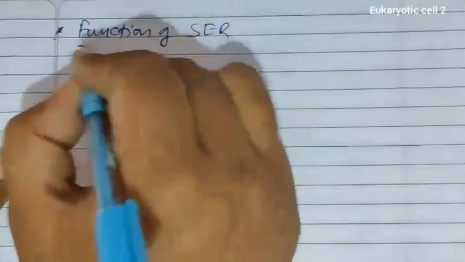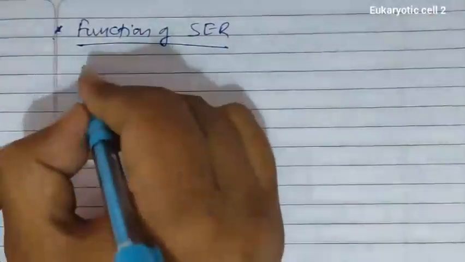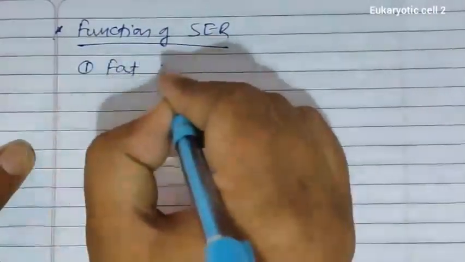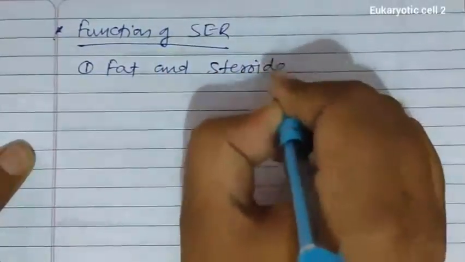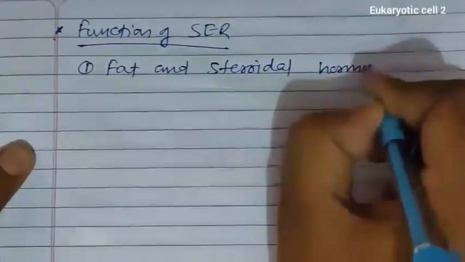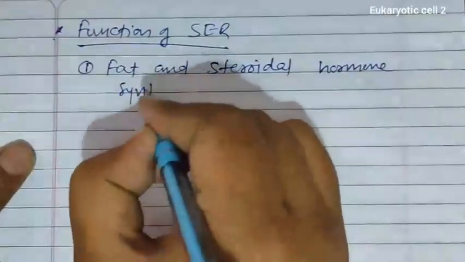Next we talk about functions of smooth endoplasmic reticulum, that is SER. Number 1, fat and steroidal hormone synthesis.